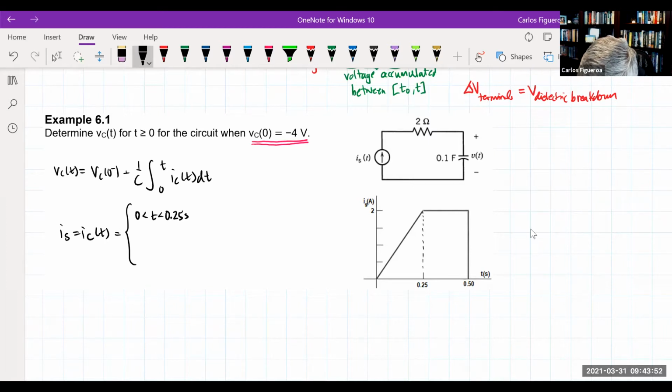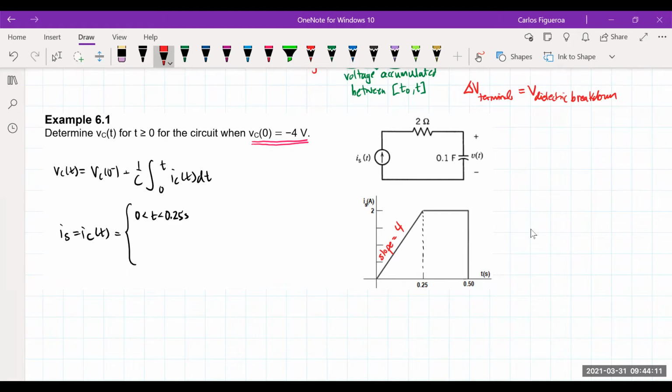So check this out. If I look at the slope of this equation, what does it look like? Well, that's got to be 4 because I got 2 divided by a quarter. No, what am I saying? 8.